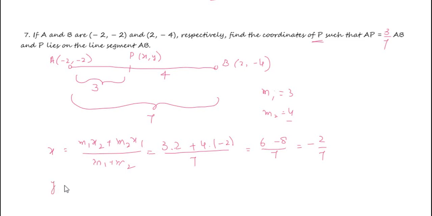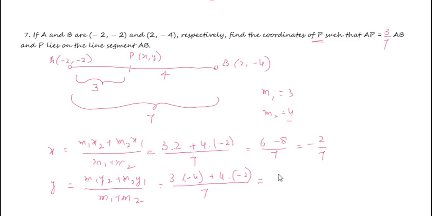Now the y coordinate equals (m1 y2 plus m2 y1) divided by (m1 plus m2). m1 is 3, y2 is minus 4, plus m2 is 4, y1 is minus 2, divided by 7.